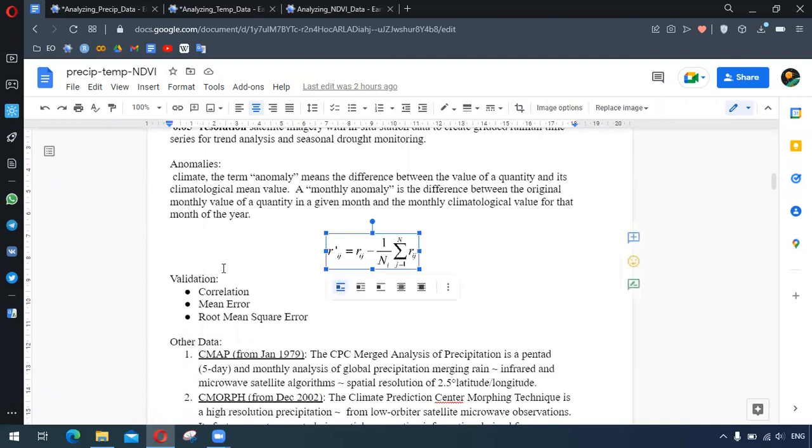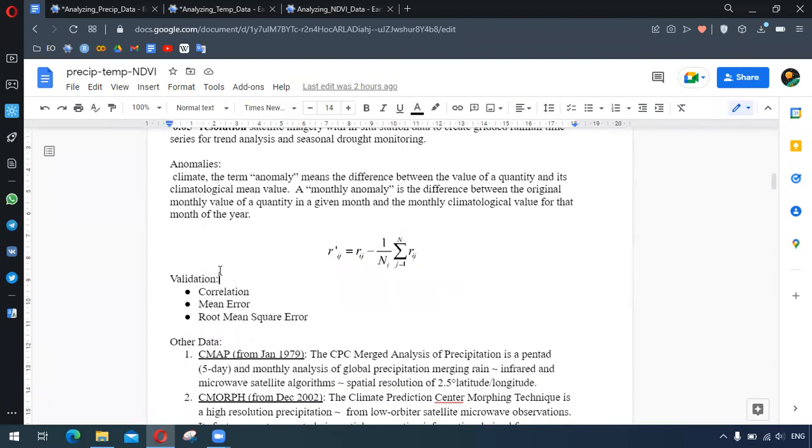For validation of the data, we have different statistical methods. The first one is correlation, and this correlation is for estimating how two sets of values are related, positively or negatively. So how when one changes, the other changes.